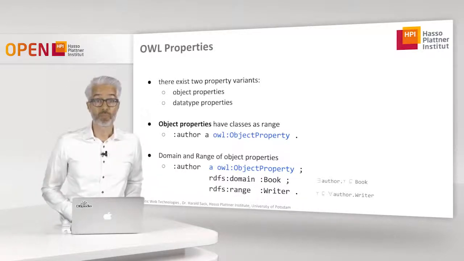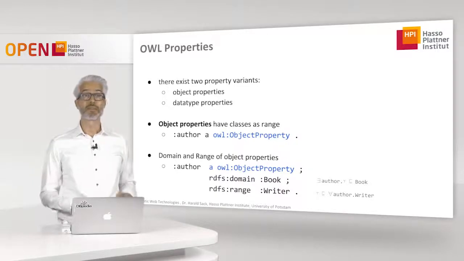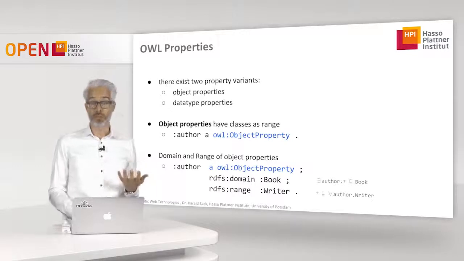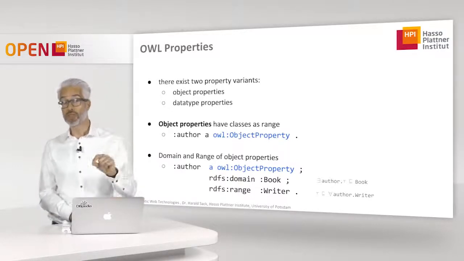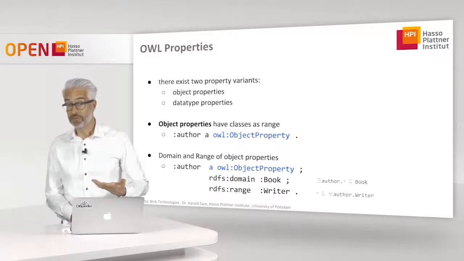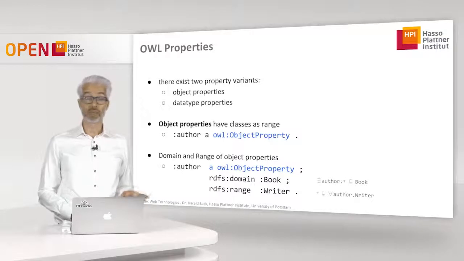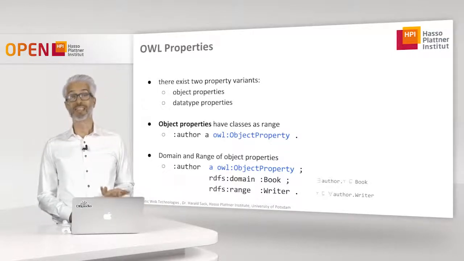Next, let's have a look at the properties. Here, probably the same as in RDFS, the properties come in 2 different variants. We have on the one hand so-called object properties, for which the range of that property is a class. And we have data type properties, for which the range of the property is a data type.